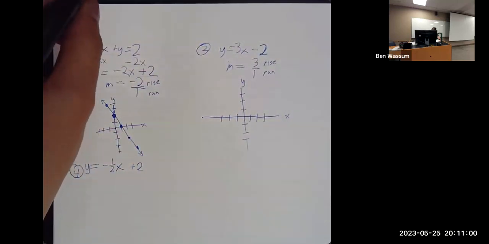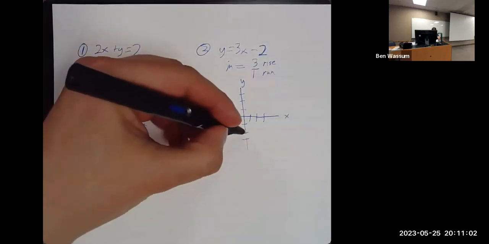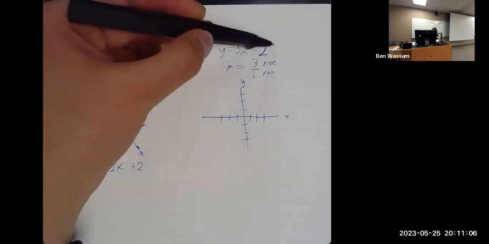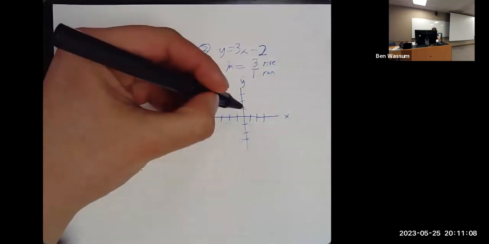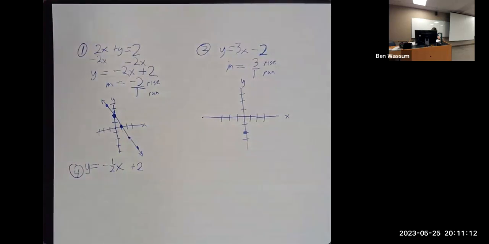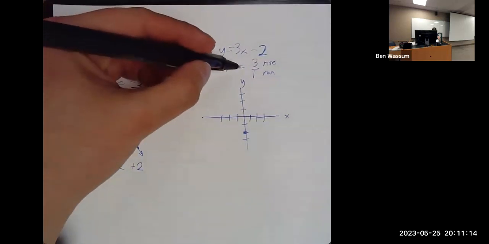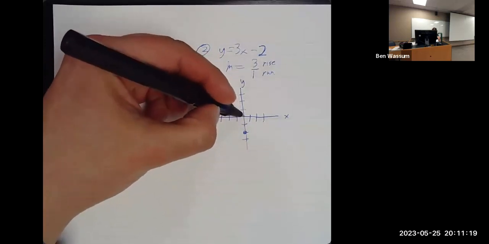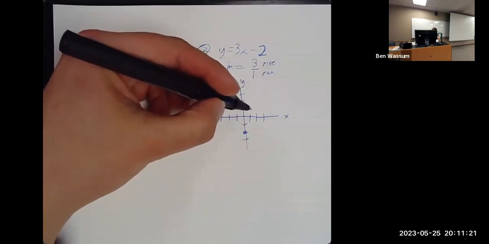I'm not too worried about it. So our y-intercept is -2. So we're going to start at -2 on our y-axis. And then our slope is 3 over 1. So we're going to rise 3, 1, 2, 3, run 1.